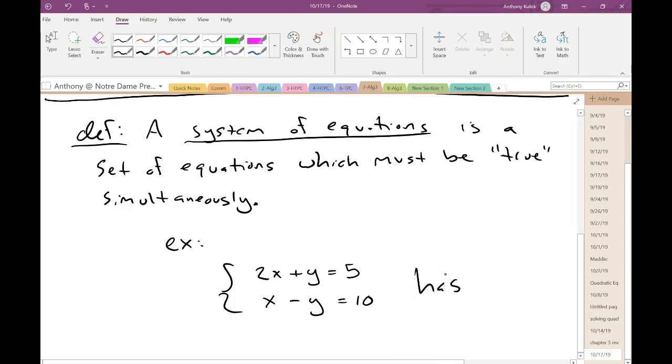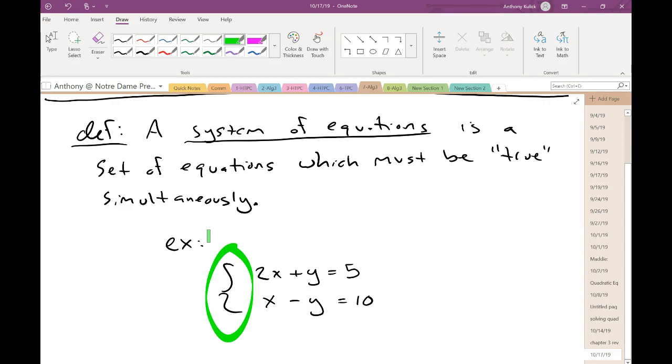So the way we'll write a system is with just like two equations in a row like this. And usually we include this big curly bracket in front of them to show that all these equations need to be taken together.